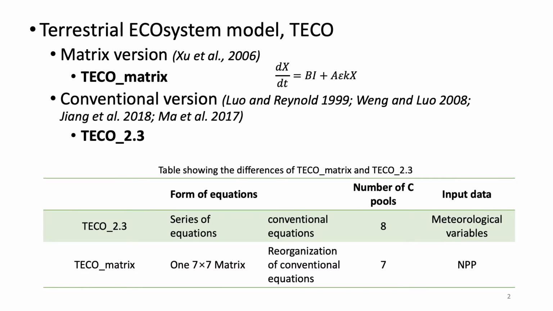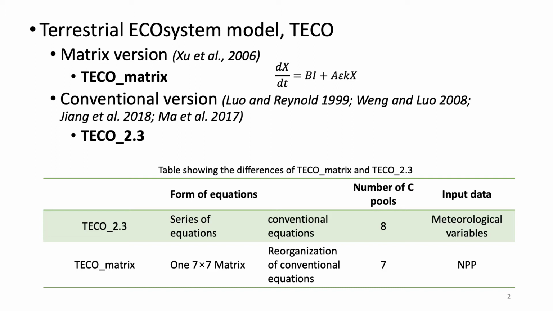One thing I want to clarify here in the beginning is that you might get a little confused by different versions of TECO, especially the matrix version you've been working on in the previous lectures. Conventional TECO is the more complex version of TECO that's organized by conventional equations and has meteorological variables as input.